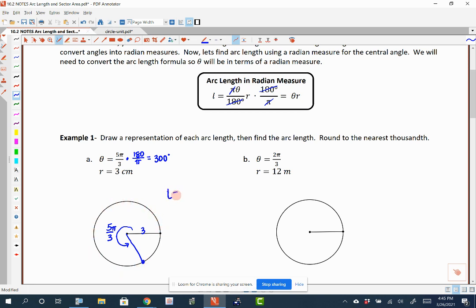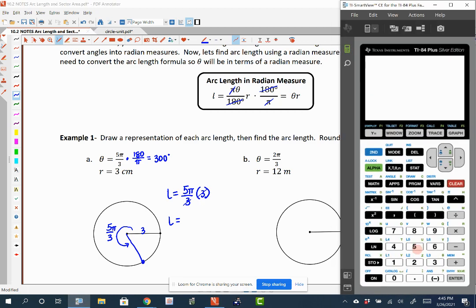The length of our arc when our theta is in radians can be found by taking theta times the radius. My theta, 5 pi over 3, times that radius, I'll put that in parentheses, times 3. The directions want us to round to the nearest thousandths on this one. I notice that my 3's will divide out, one in the numerator and one in the denominator.